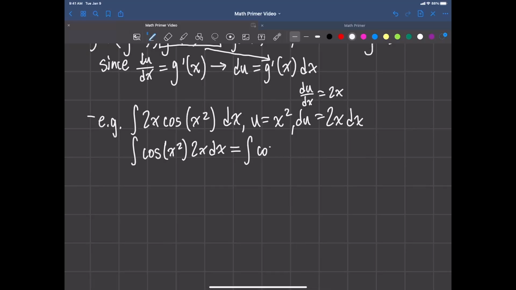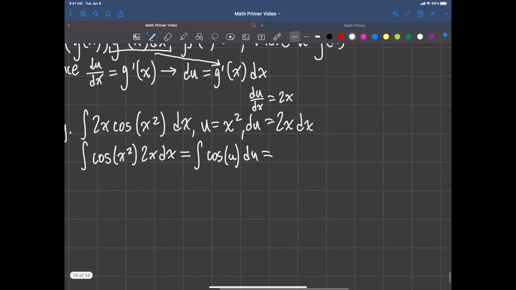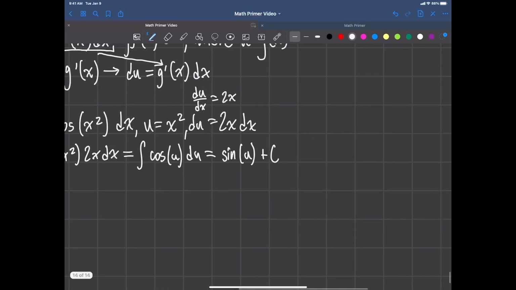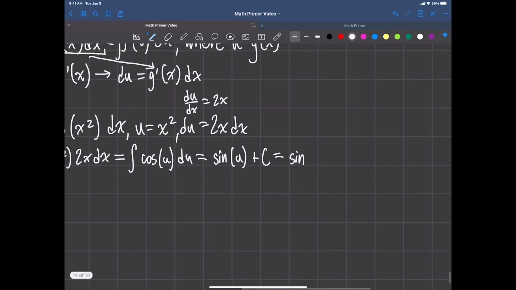This becomes the integral of cosine of u du, and we know from the previous rules that the integral of cosine is just sine. And don't forget to add the constant at the end. And then to get the final answer, we have to substitute x squared back in for u.